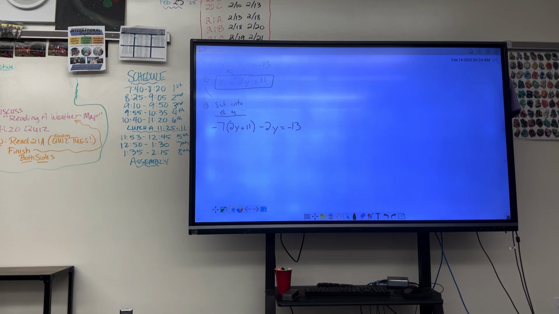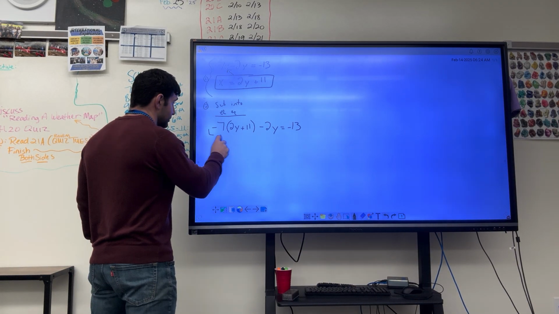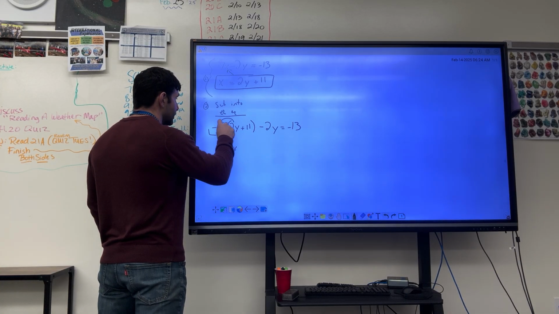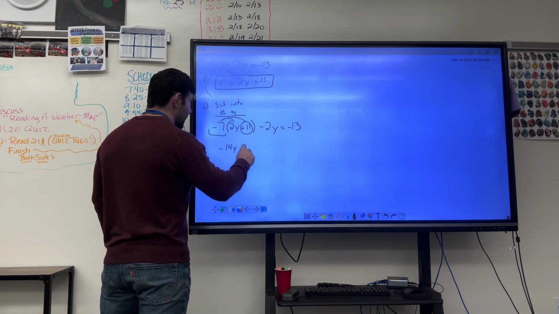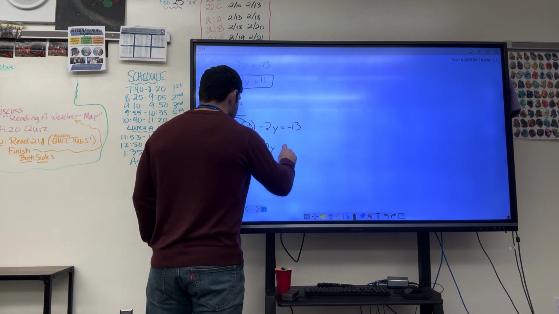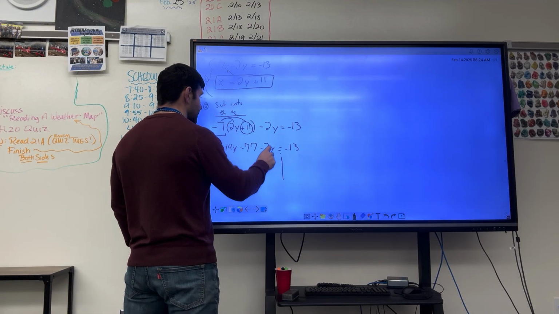Okay, so I'm distributing first. That's negative 14y minus 77 minus 2y equals negative 13. Combine like terms on the same side.